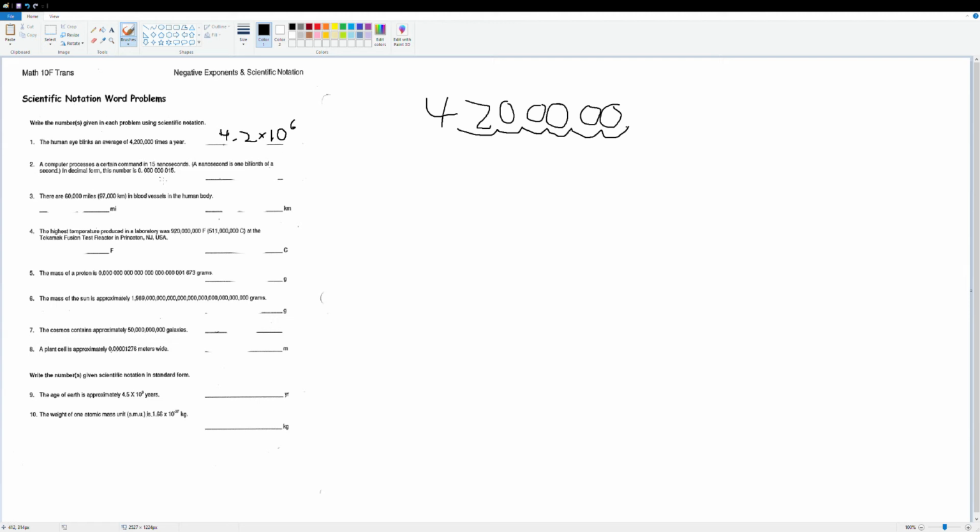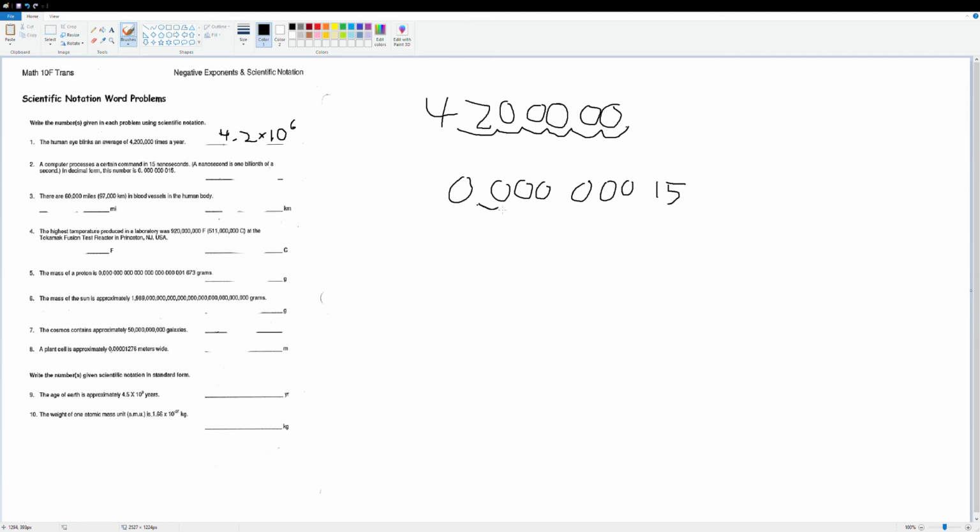A computer processes a certain command in 15 nanoseconds. Now a nanosecond is 1/1000th of a second. In decimal form, this number is 0.000000015. So we need to get this decimal point over to this point.